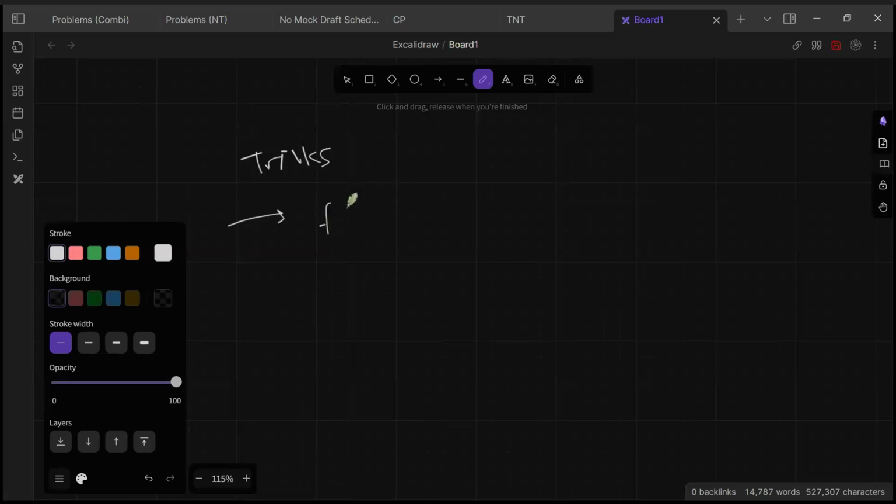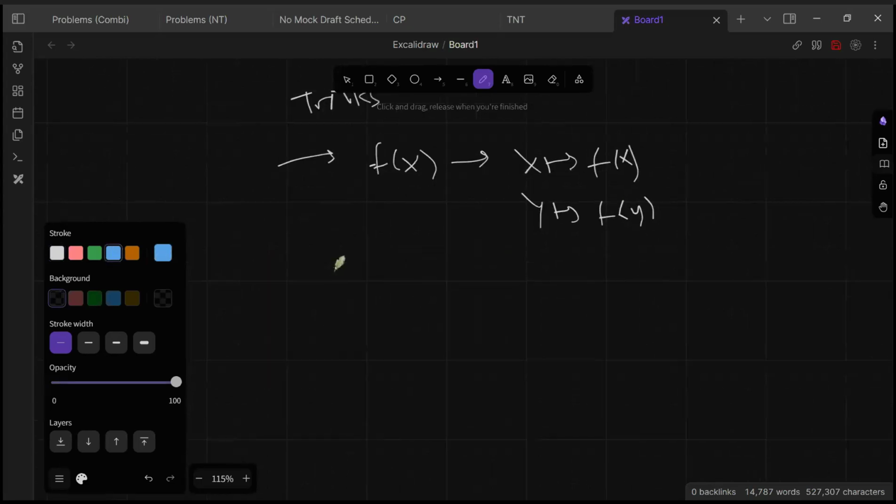You can substitute f of x, and this is really cool to substitute. I mean, you are substituting x with f of x, or y with f of y. And this helps in functional equations where you have two f's already, and you have something free over here, x plus 2, right?